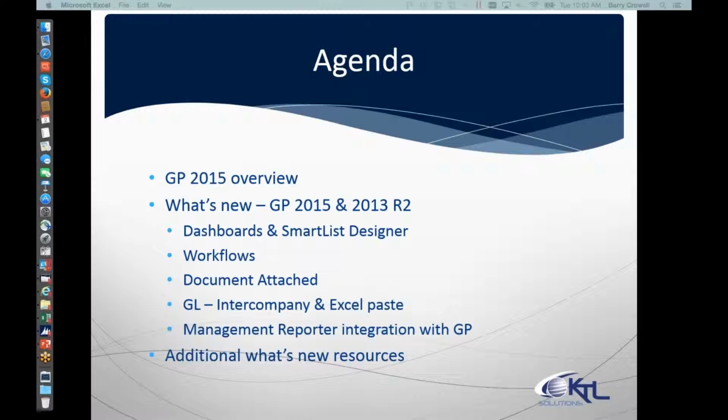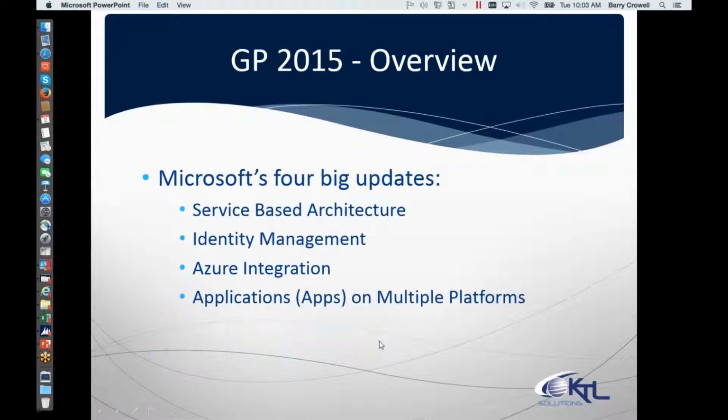Some of the things that I'm going to highlight are dashboards that have come out with the new version, Smart List Designer functionality, and workflows attached, intercompany, Excel paste, and then some integration with Management Reporter, and then give you a location for some of the resources.